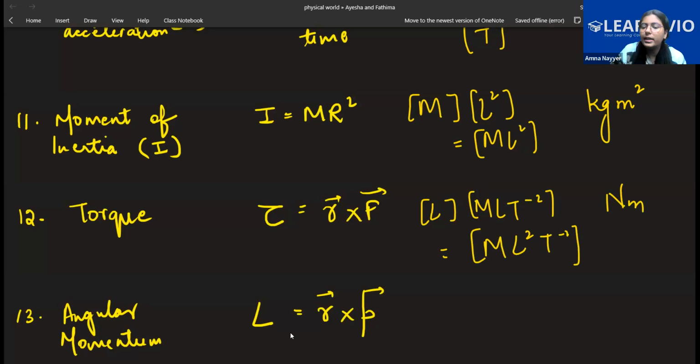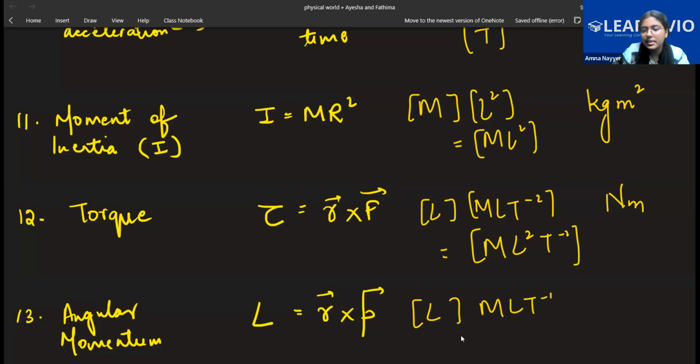Coming to angular momentum. Angular momentum is radius into linear momentum. So radius is length. Linear momentum was mass into velocity. You must have written momentum. P is the symbol. P is equal to m into v. So that is mass into velocity.